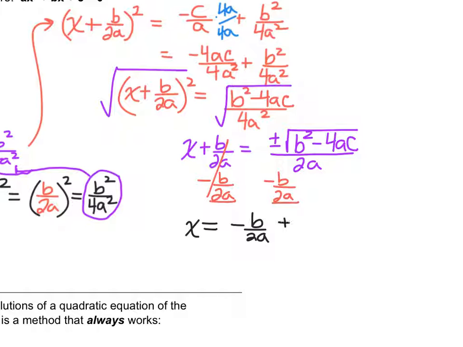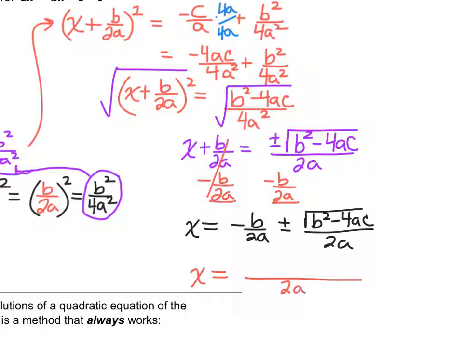Then we have this plus or minus the radical b squared minus 4ac over 2a. They have a common denominator. Put it all together, and you have negative b plus or minus the square root of b squared minus 4ac, all over 2a. All right.